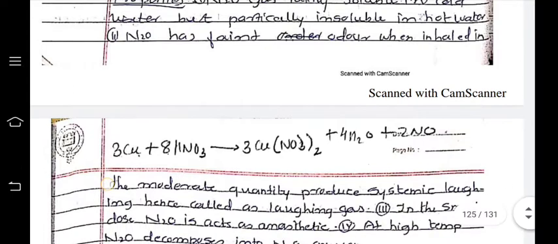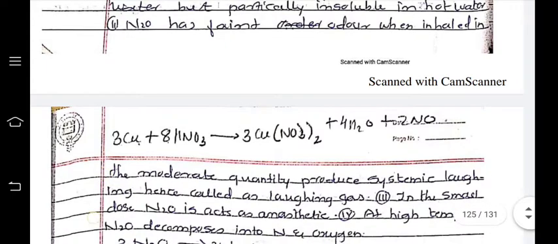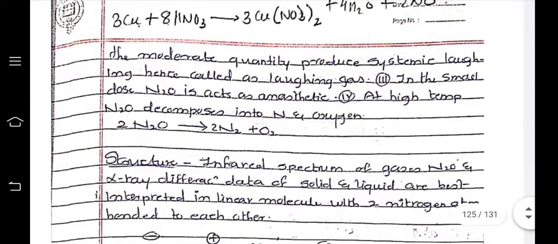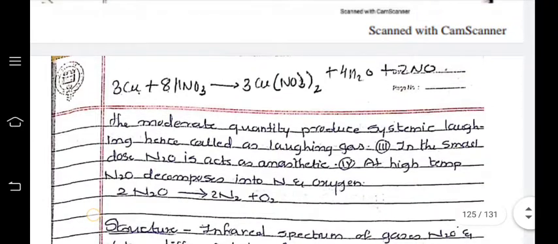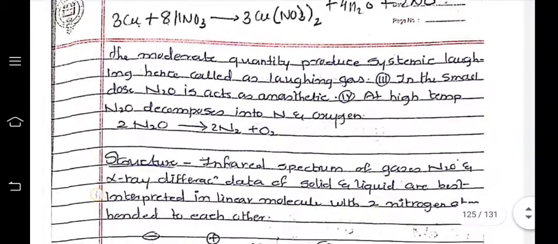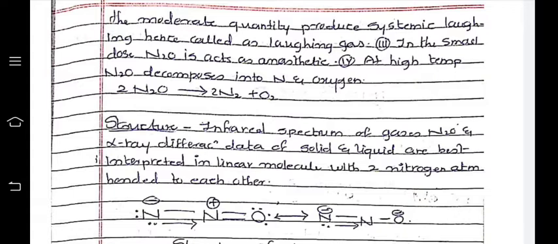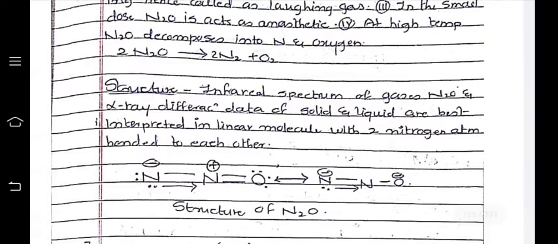N2O has a faint odor. When inhaled in moderate quantity, it produces hysterical laughter, hence called laughing gas. In small doses, N2O acts as an anesthetic. At high temperature, N2O decomposes into nitrogen and oxygen.